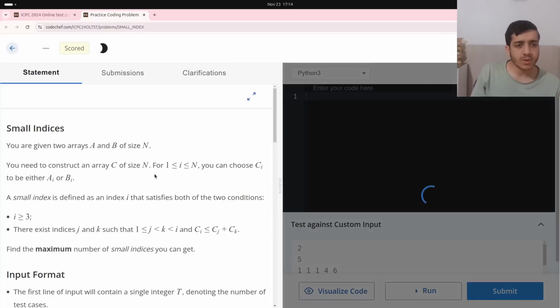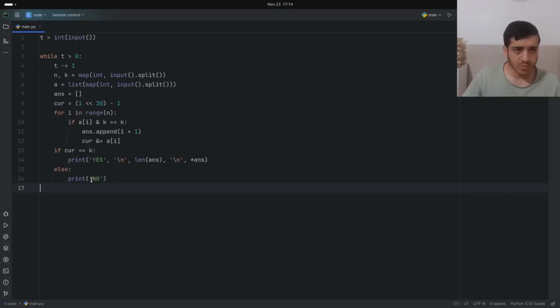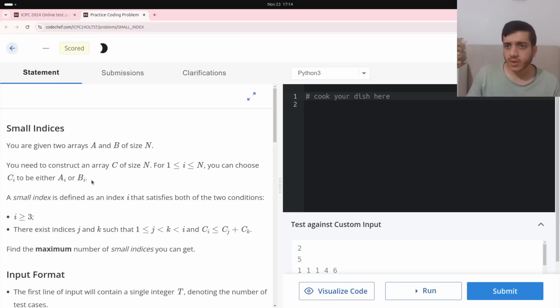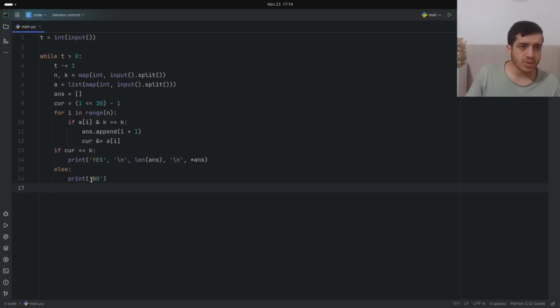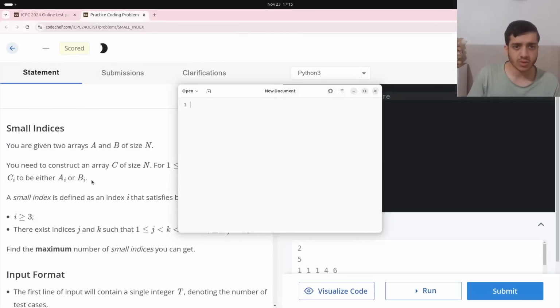And the final problem. So I need to write some hints too. Let me open something to write hints.